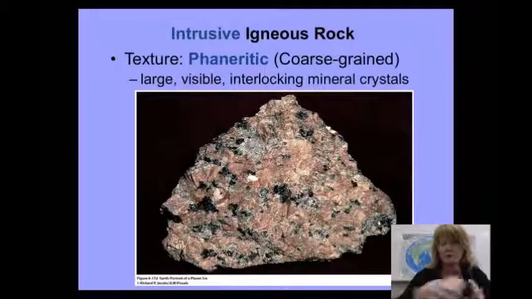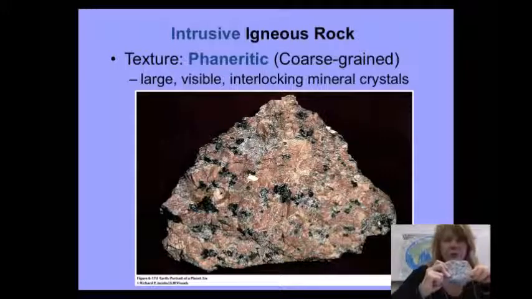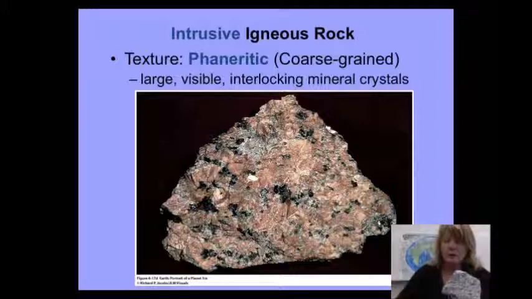Here's a couple of other examples of phaneritic or coarse-grained textured rocks. So they are also intrusive rocks. Both of these are granitic rocks, so they have the same or similar minerals in them, but the grain size is a little bit different.